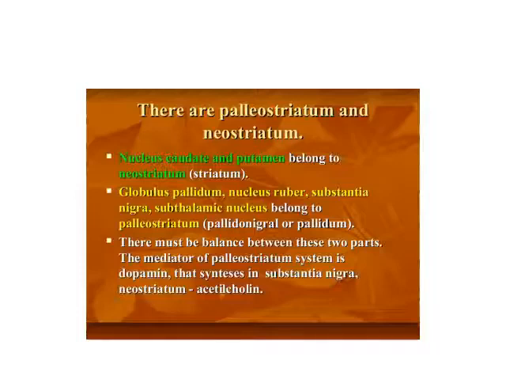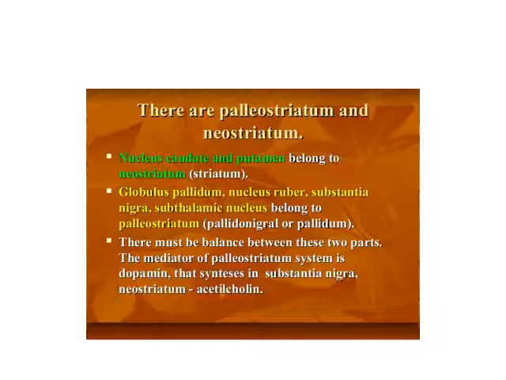The caudate nucleus and the putamen belong to the neostriatum, while the globus pallidus, red nucleus, substantia nigra, subthalamic nucleus belong to the paliostriatum.